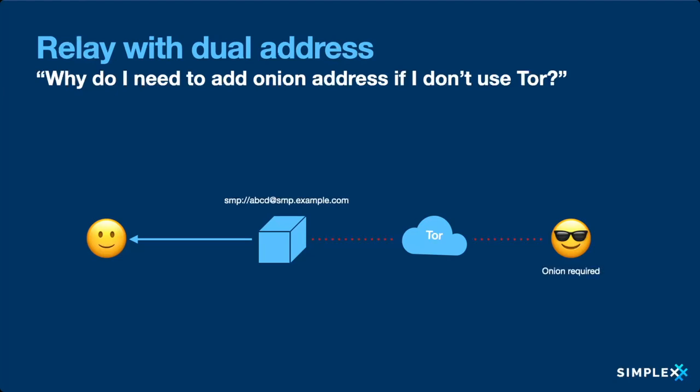But the problem happens if the user who uses Tor enables the option in the app which says onion required. And we actually considered hiding this option or saying that it shouldn't be used or used less, but really it's not that difficult to set up Tor on your server. So if you do it, then users who use Tor will be able to connect to your server even if you don't.